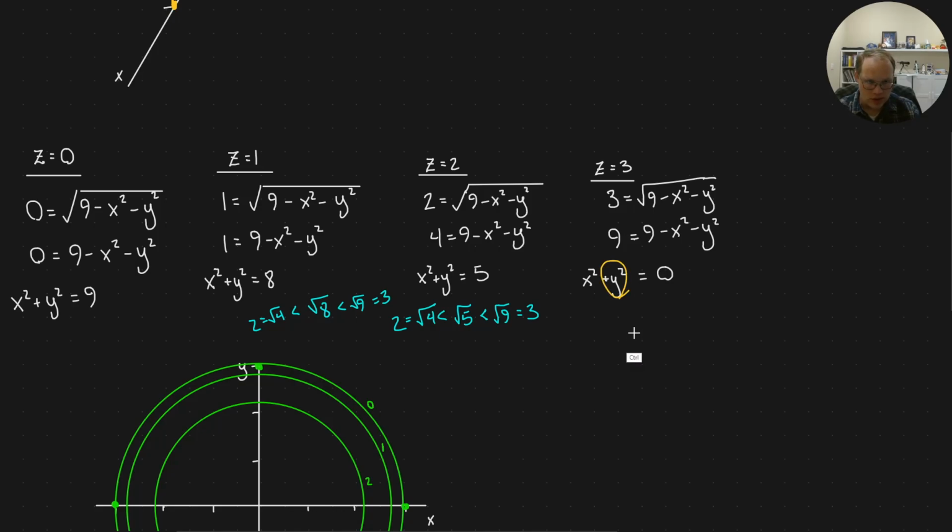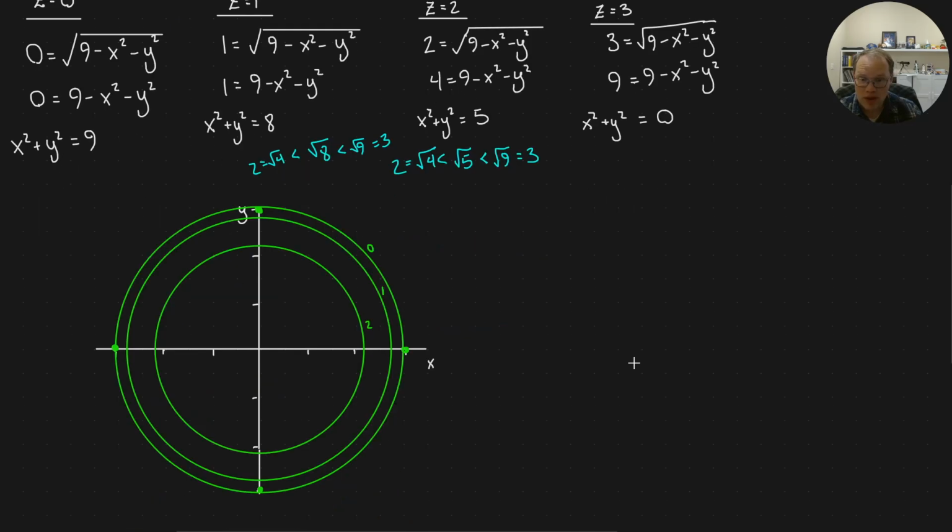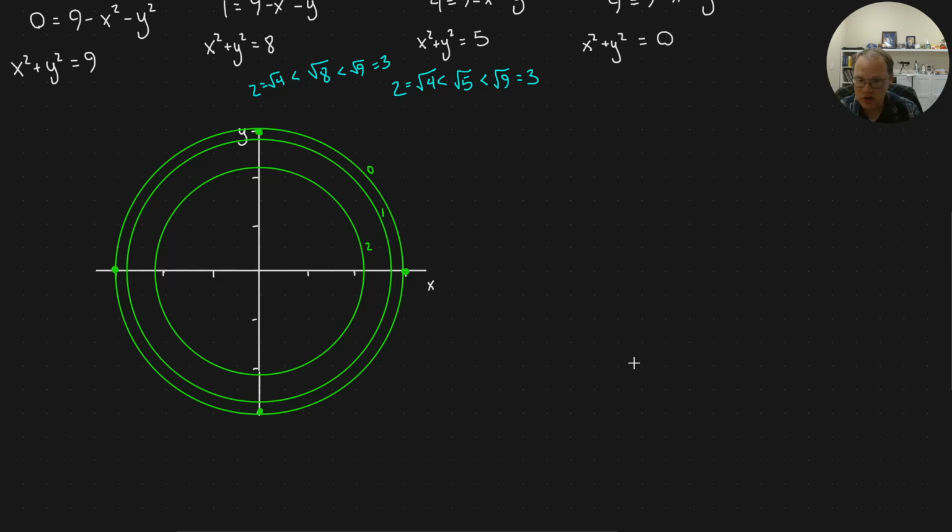Y squared is always non-negative. The only way I could add two non-negative numbers and have them both be 0 is if both of those numbers are 0. The only solution here is when x and y are both 0. So there's only one point that makes this last level curve true. And that's this one right here. And that's z equals 3.